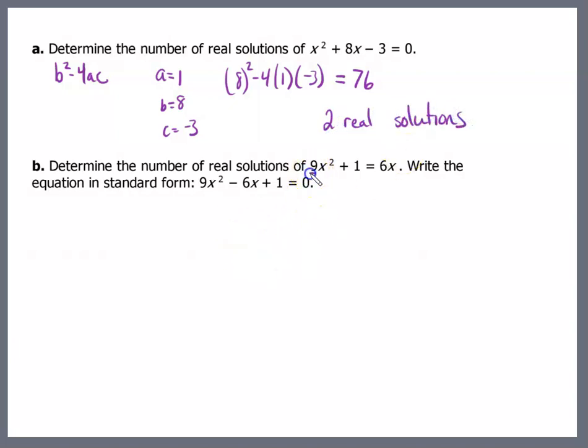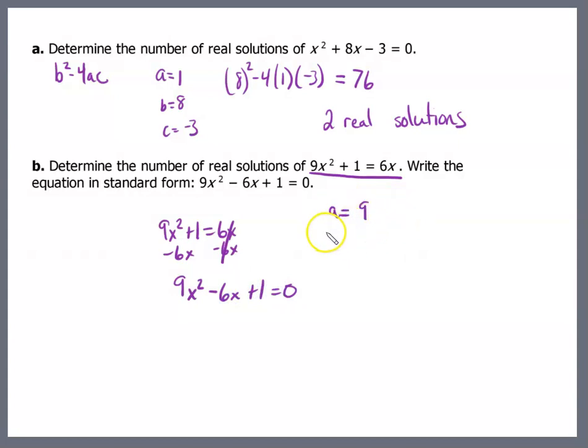All right, let's try this one. So we have 9x squared plus 1 equals 6x. Now this is not in standard form, so before we can begin, we need to subtract the 6x. You can't actually, say, take 9x squared minus 6x and get 3x because they're not like terms. You just need to rewrite it. 9x squared minus 6x plus 1 equals 0. Now it's in standard form.